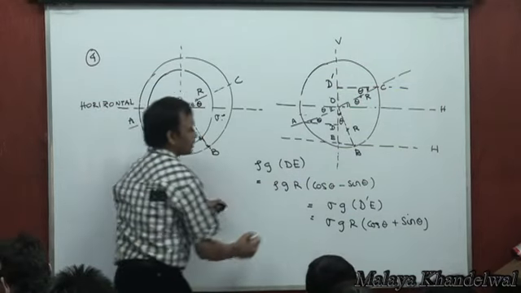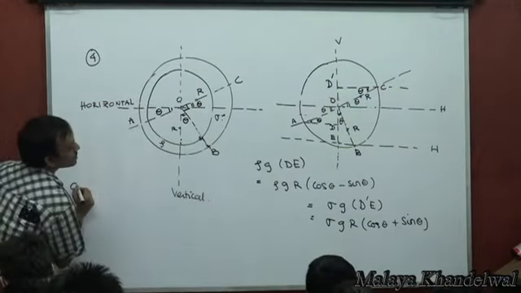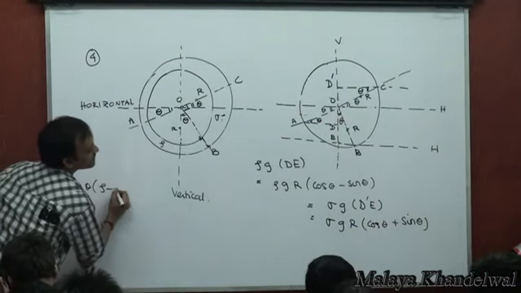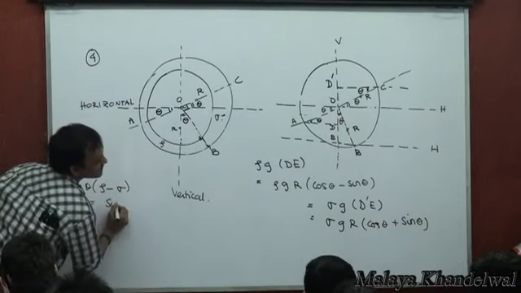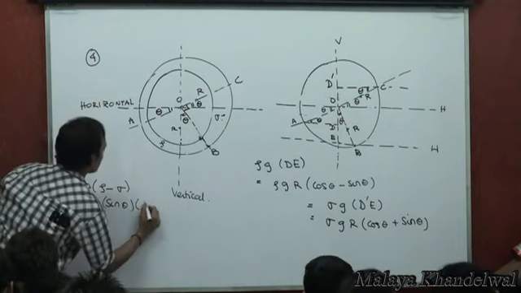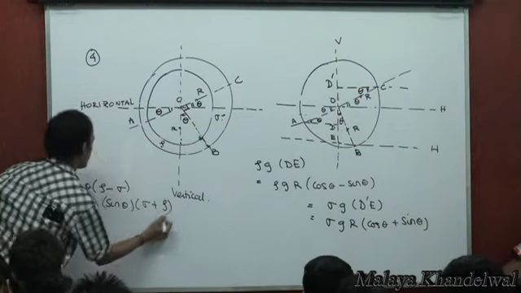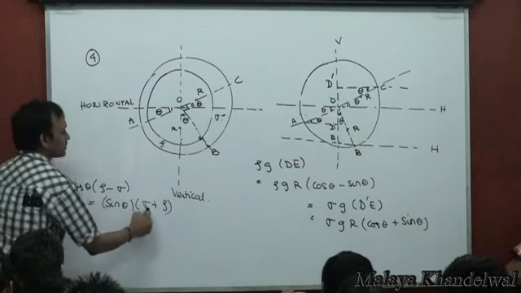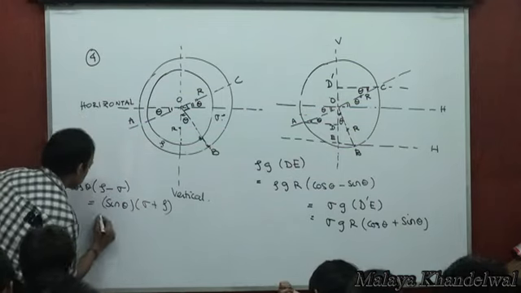The g and R will cancel. So you have cos theta into rho minus sigma equals sin theta into sigma plus rho. So tan theta would be rho minus sigma by sigma plus rho, right?